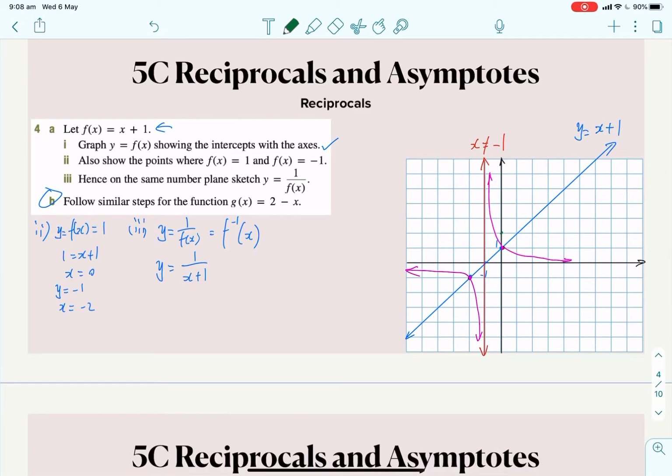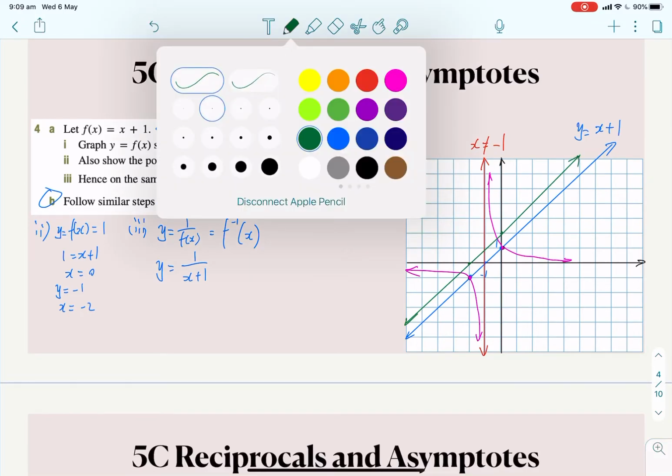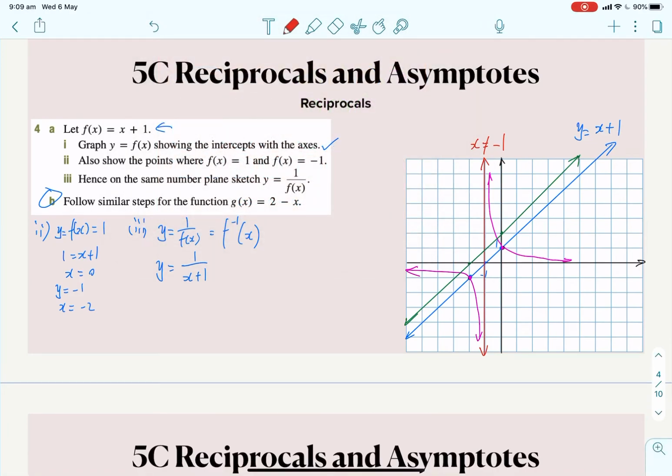When y is 0, x is 2, so 2 dots. Obviously not too accurate, but hopefully it's fine. And then again, the reciprocals will be red. When that green line cuts through the x-axis, that will be the reciprocal, so it will be this one.